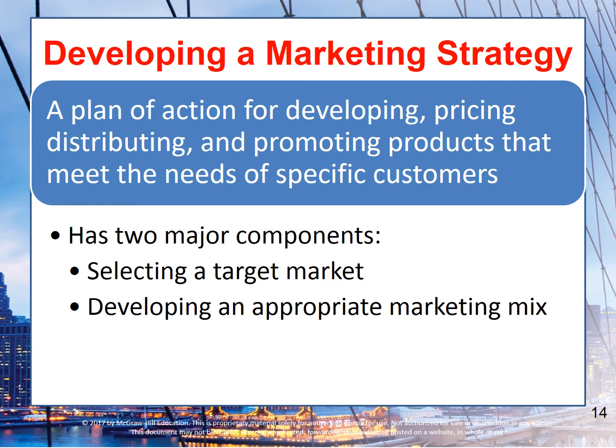The next slide is a YouTube video I found that shows you how to know who your target market is, because a lot of times marketing individuals may just start throwing their product out there, and they don't know who they need to target, who needs to be their main customers.